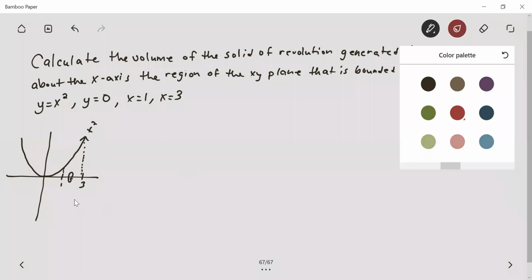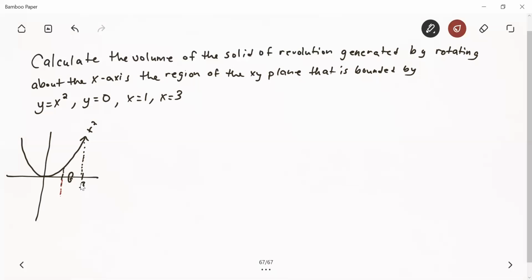In a different color, so you can see what this would look like, this is going to continue on down here. So we're going to have the volume of this solid from 1 up to 3.